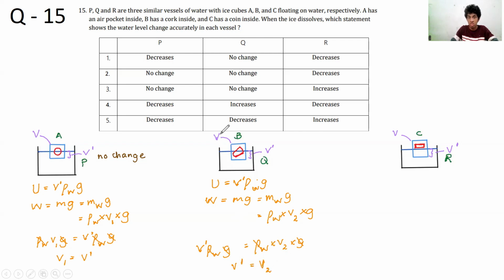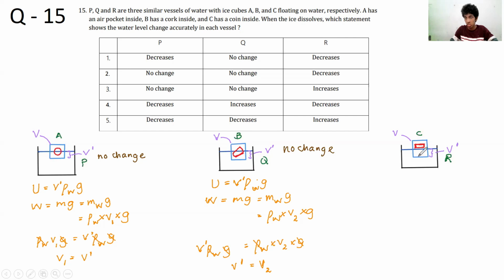So therefore, here also, when the ice cube is dissolved, the dissolved water exactly fits into the volume V dash. Therefore, there will be no change in the water level of vessel Q. Now let's consider the third instance.